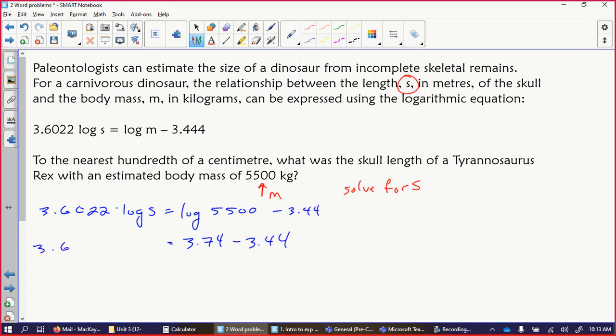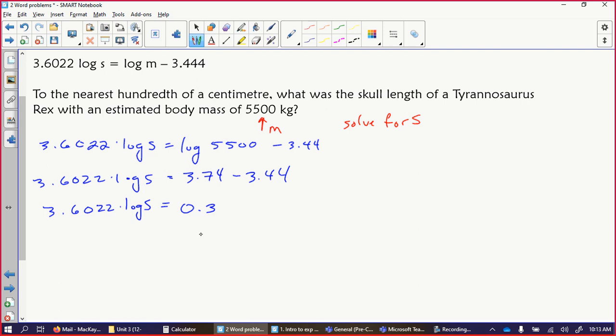44. I can subtract that. 3 minus 3 is 0, 7 minus 4. Algebraically, divide by 3.6022.